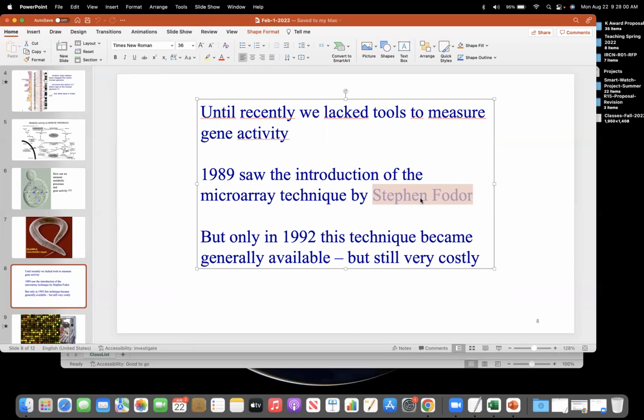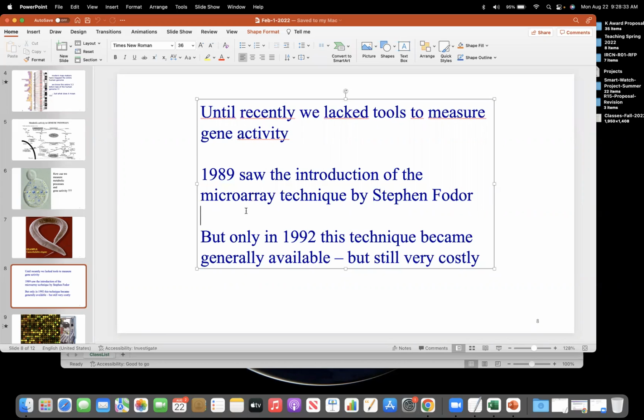It's a very important technique because it is where bioinformatics got its data. This was one of the data sets used for analyses, and it is a very effective technology to study gene expression changes.